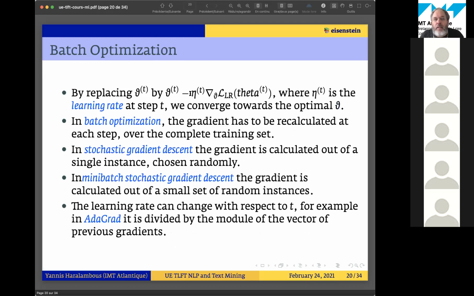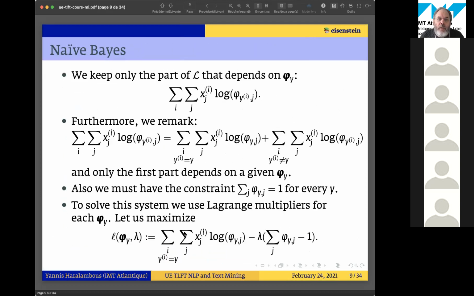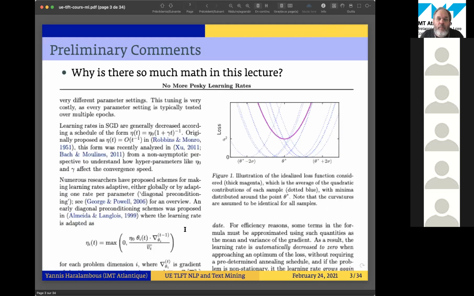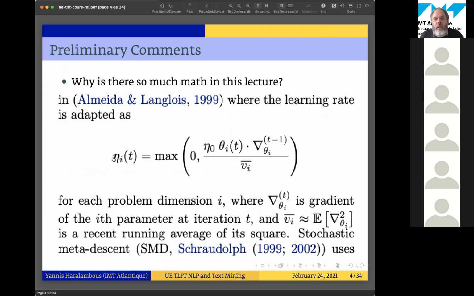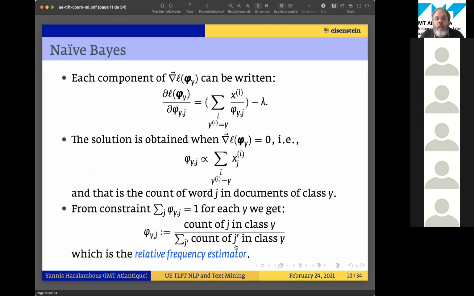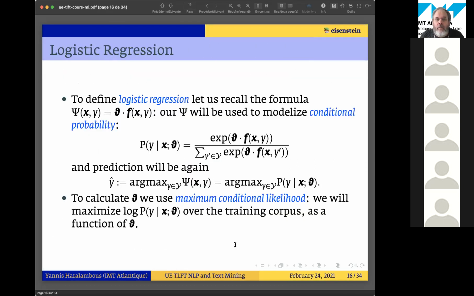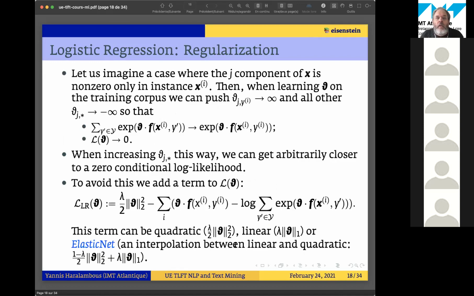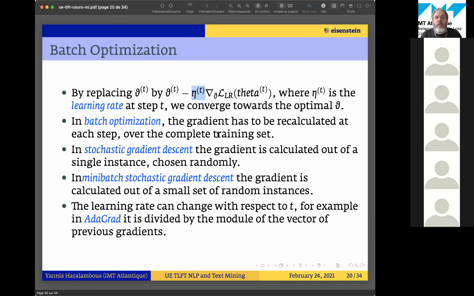Now, what is this factor? Remember, you have seen this in the paper by Lequin here, eta 0, eta i. This is the learning rate. The learning rate means how much do I optimize theta at every step of my process.